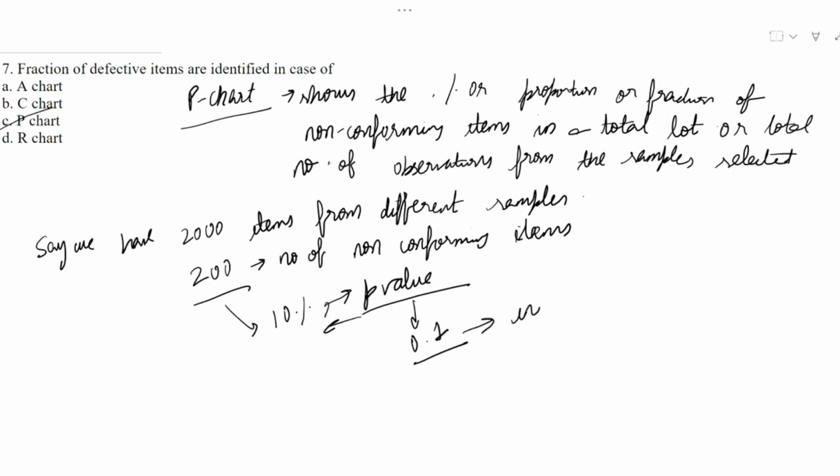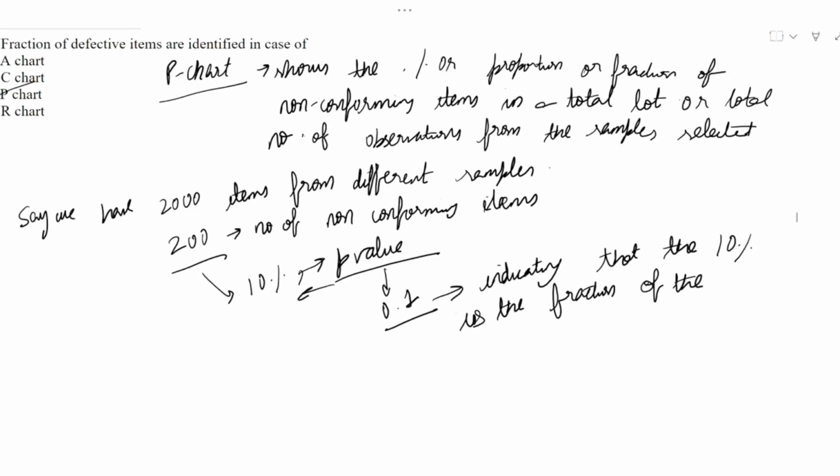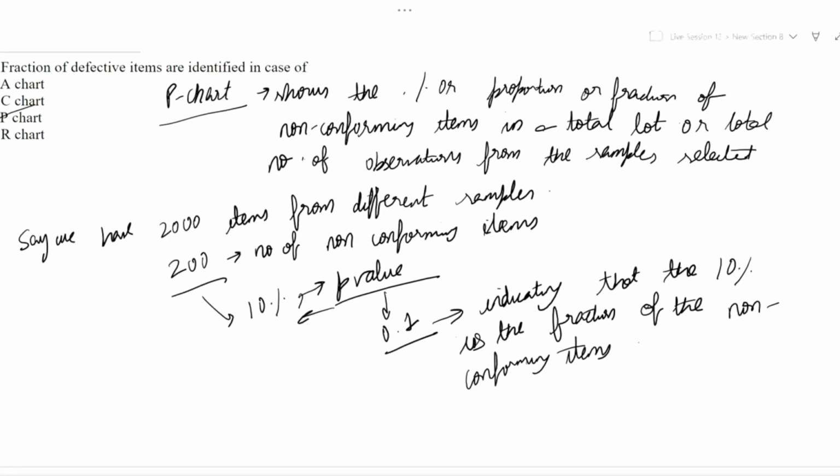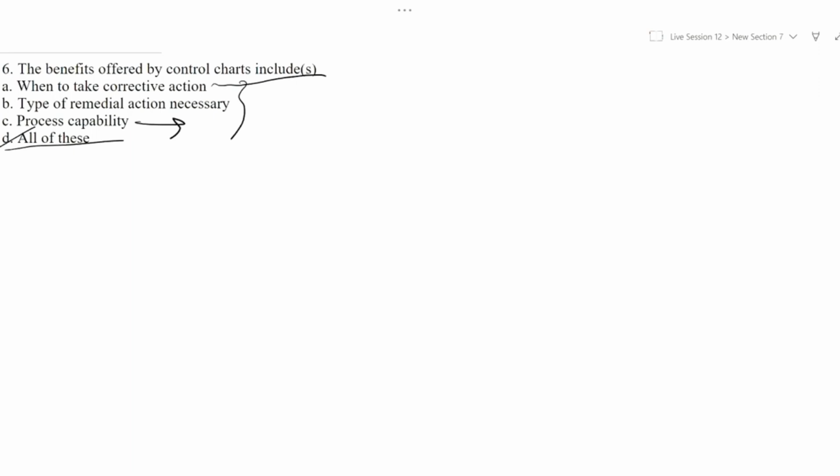So this will be indicating that the 10% is the fraction of the non-conforming items. So this is the thing which we have already solved in the previous question.